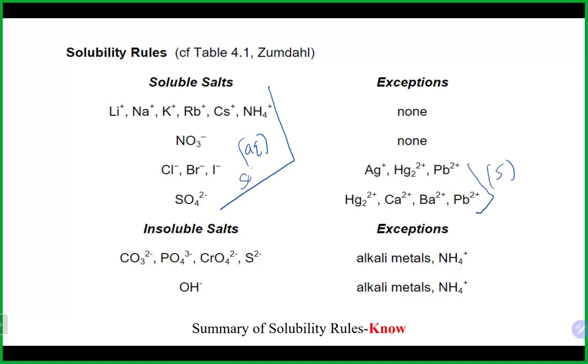So soluble, insoluble over here. If you have anybody on the left-hand side, they are typically going to be insoluble, unless you got these guys hooked up with it, which is basically group 1 and ammonium. It will be soluble.